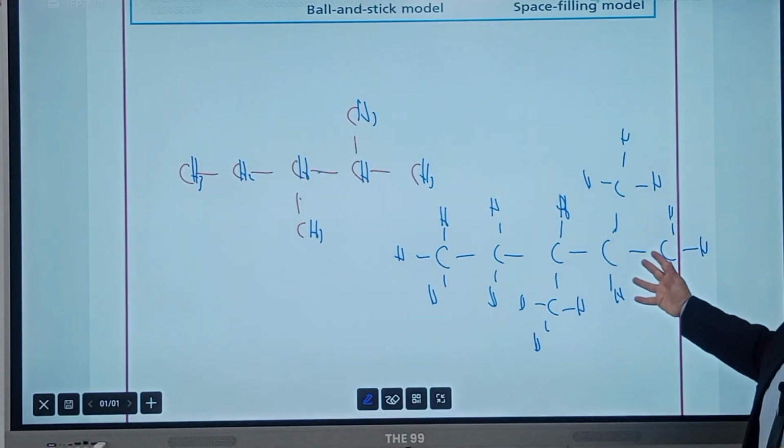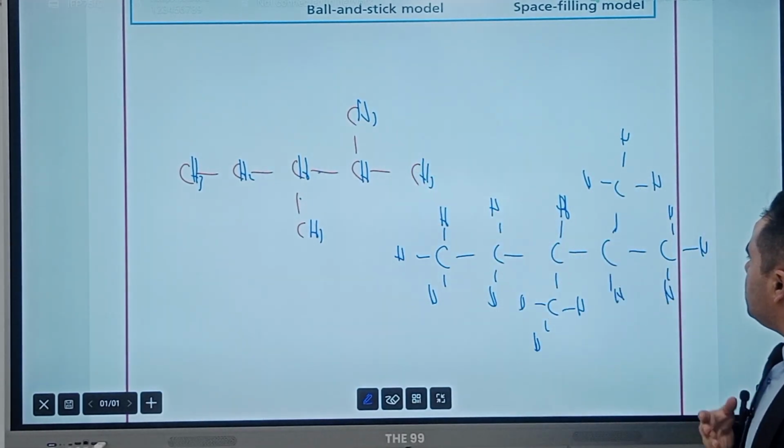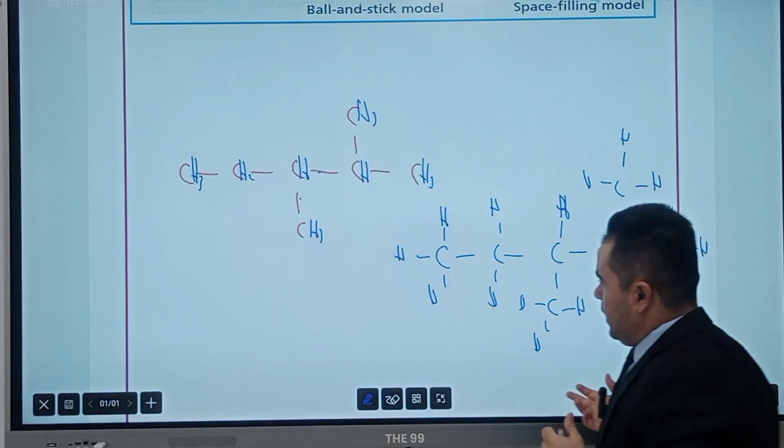These are the condensed and the expanded forms of the structural formula, guys.